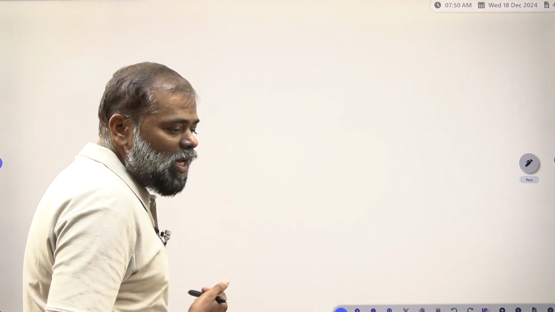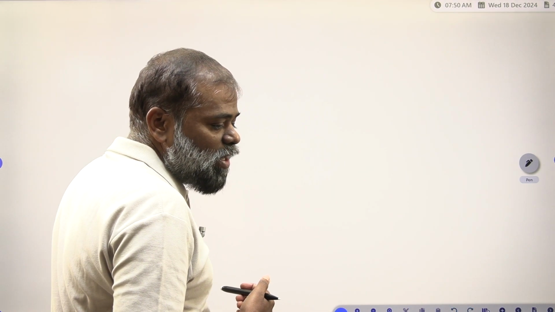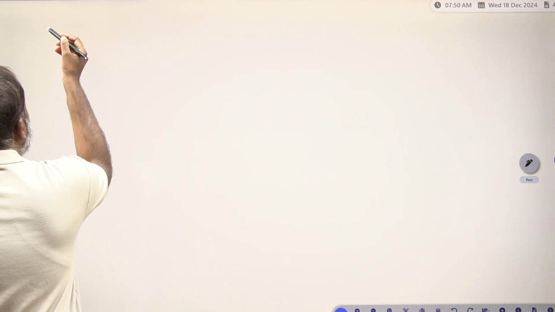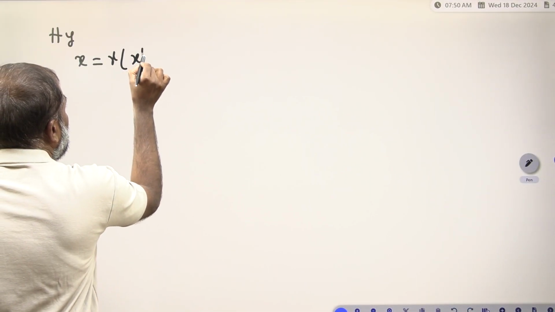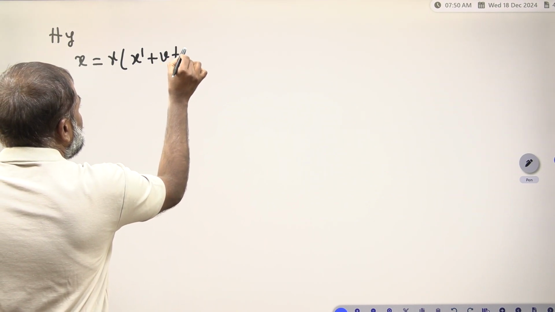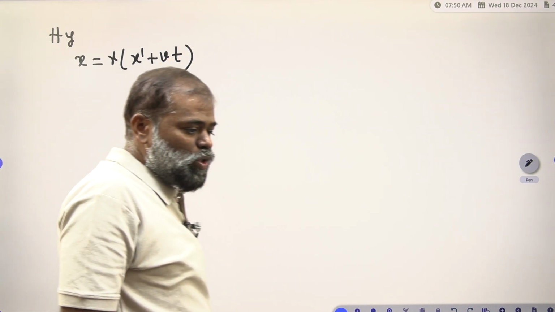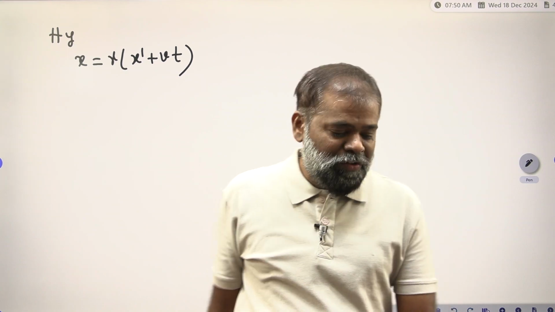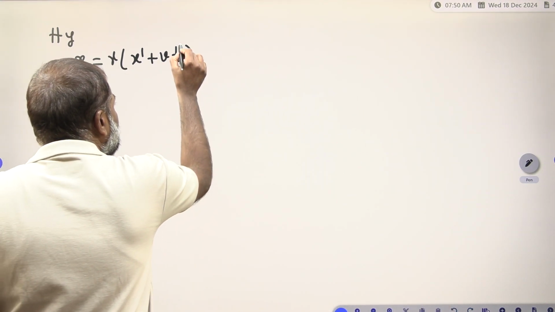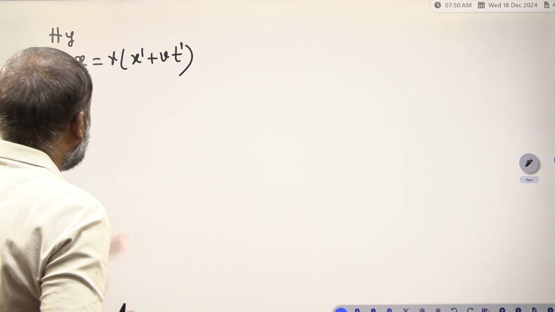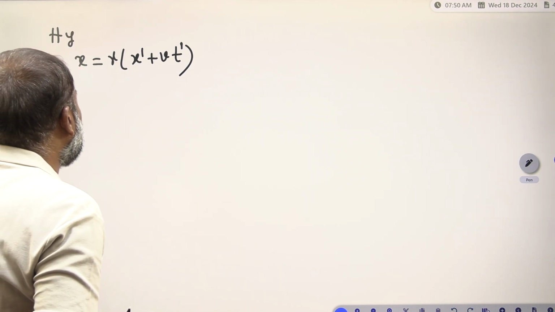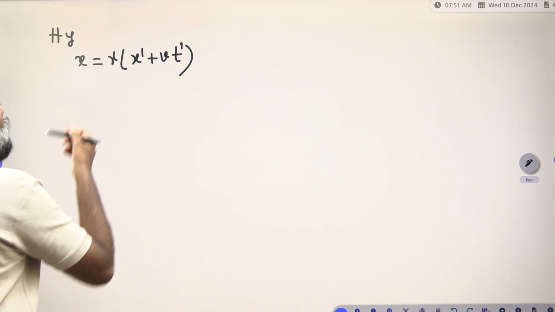Similarly, x is equal to the inverse transformation of the Lorentz transformation. x is equal to gamma into x dash plus vt dash, clear. So, this is the inverse transformation of that Galilean transformation.